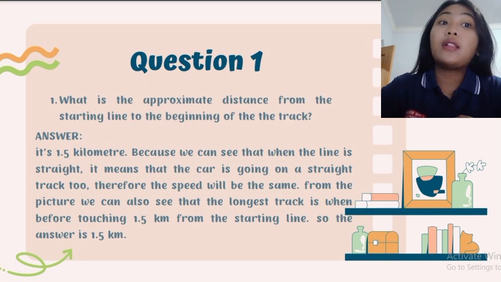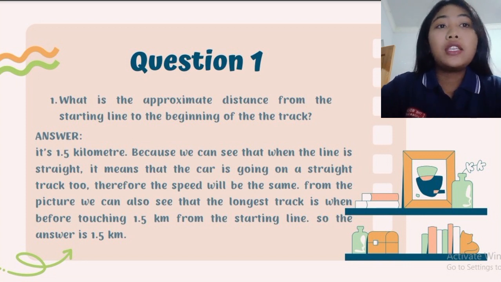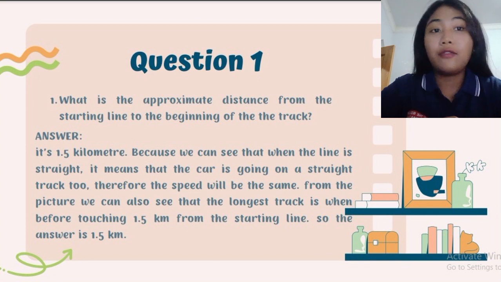Therefore, the speed will be the same. From the picture, I can see that the longest track is before 1.5 kilometer from the starting line. So the answer is 1.5 kilometer.